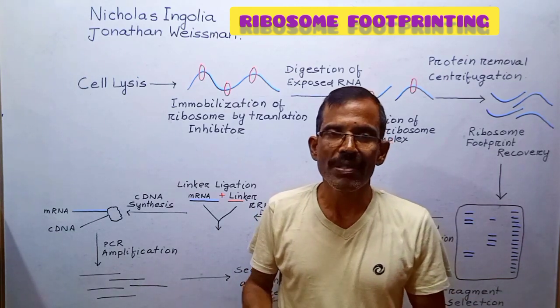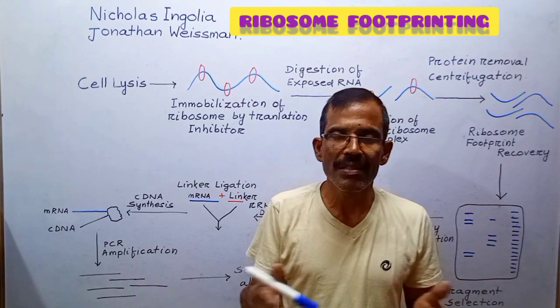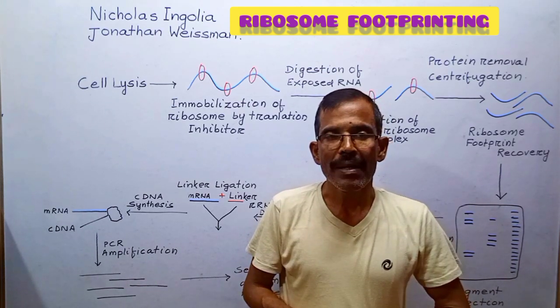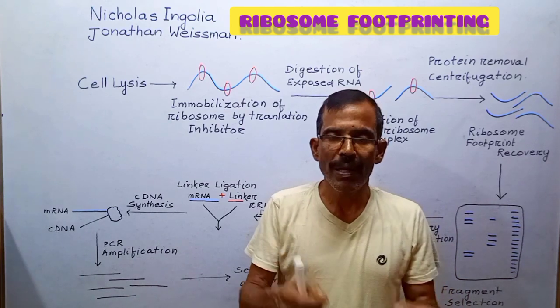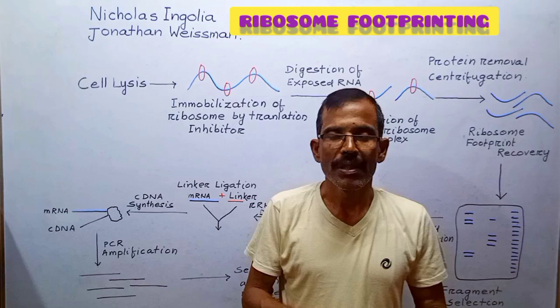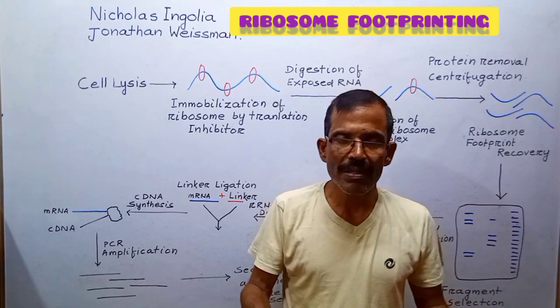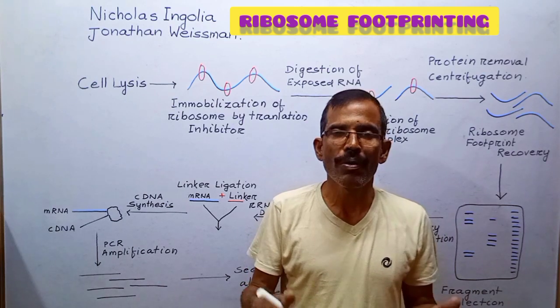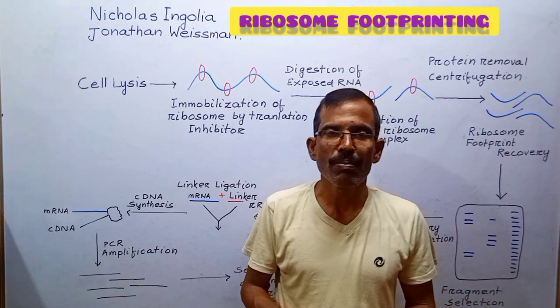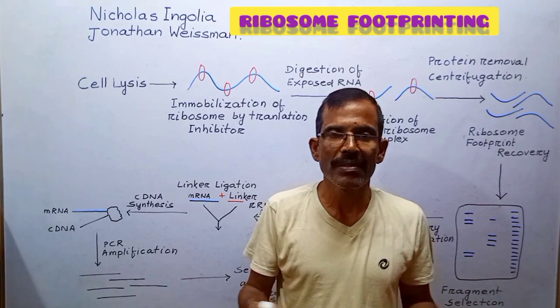So in this process, the unprotected mRNA region is digested and the mRNA which is present within the ribosome is protected. These protected mRNA regions which are present within the ribosome are known as ribosome protected fragments or ribosome footprints.